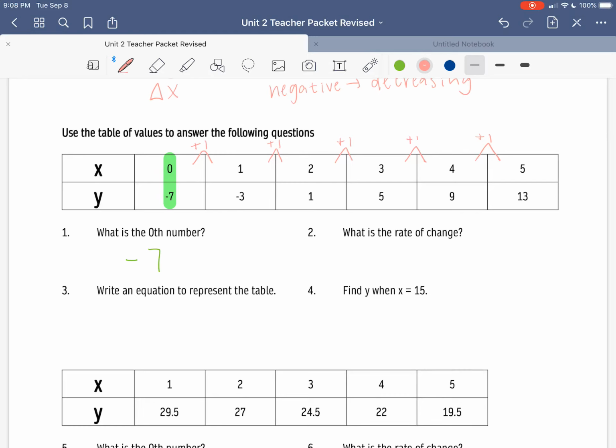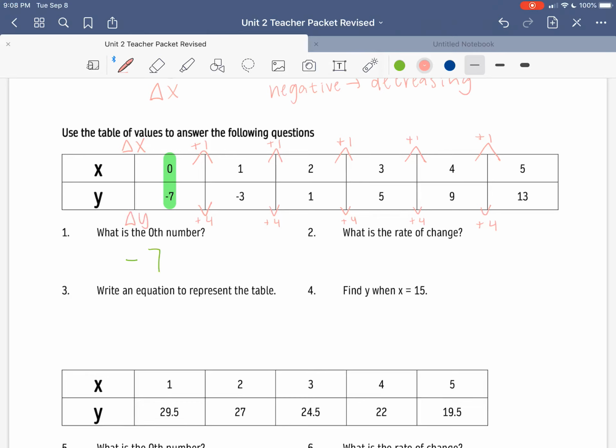So up there, what we just found is technically our change in x, our delta x, if you will. Then I look at my y values. In my y values, I'm increasing by 4, and I can see each time I'm increasing by 4, and that number represents my change or my delta y.